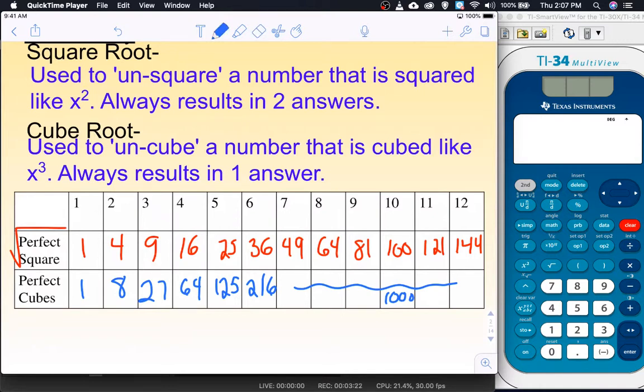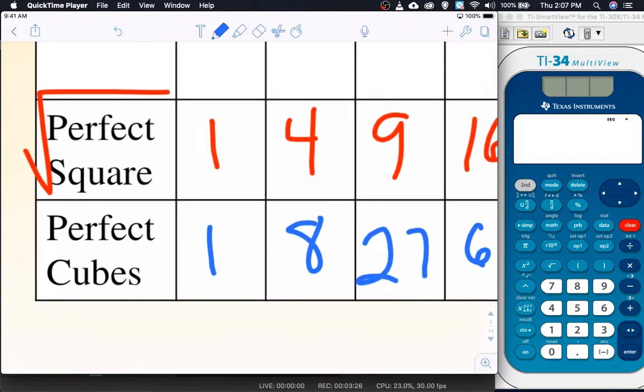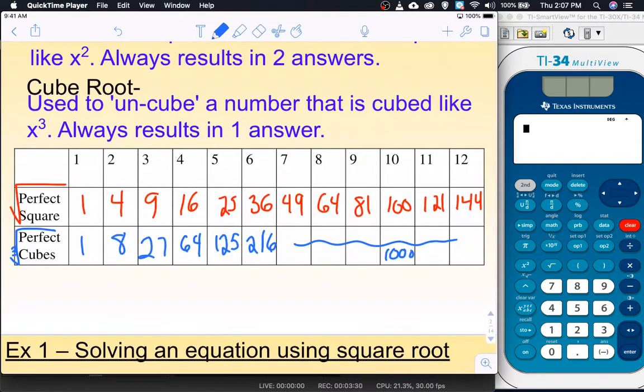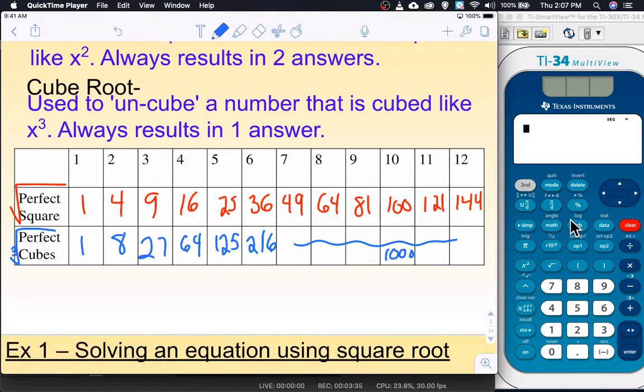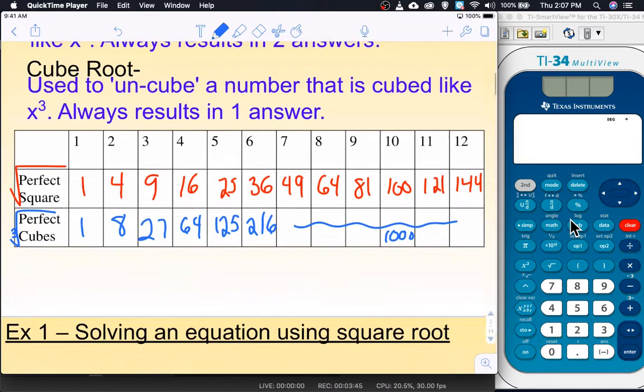We need to know the perfect squares and perfect cubes. If we cube root any of those perfect cubes, again, we would get back to the original number. And we're going to be doing a lot of this with our calculator. When we did this in the previous lesson, we were not using our calculator. Here, I believe we are.